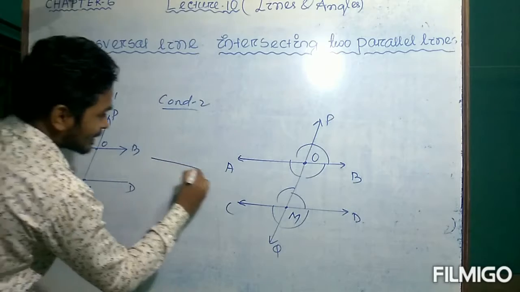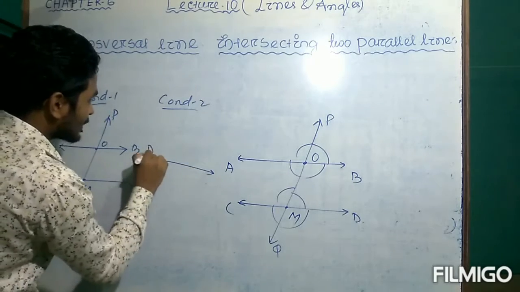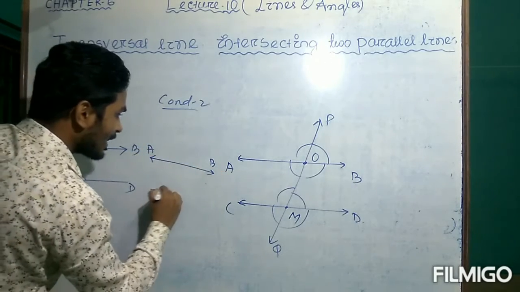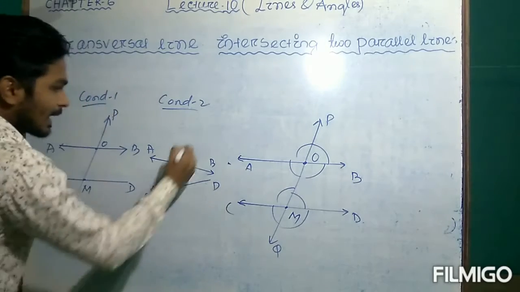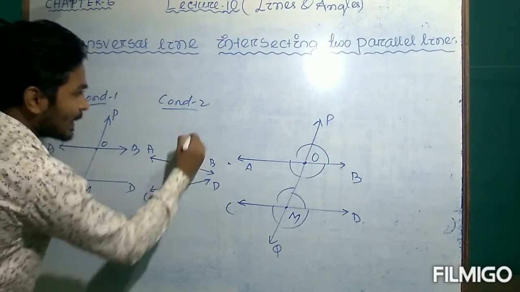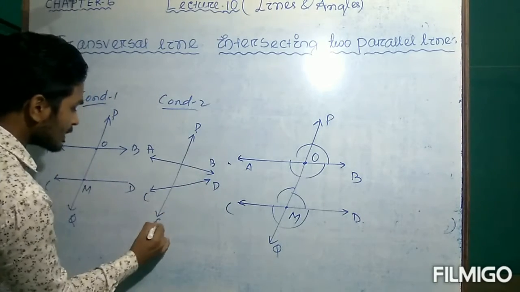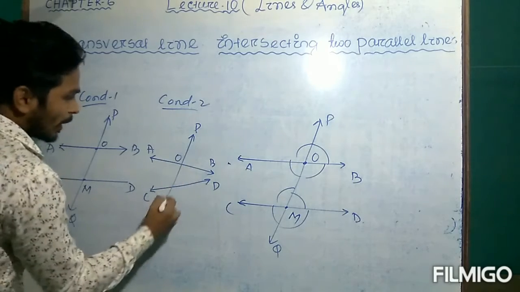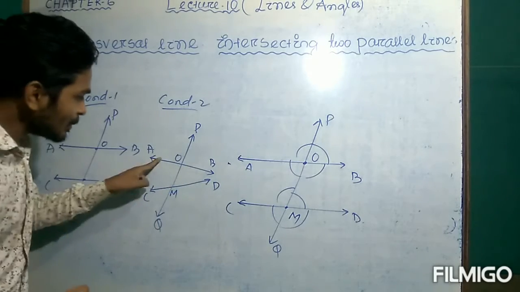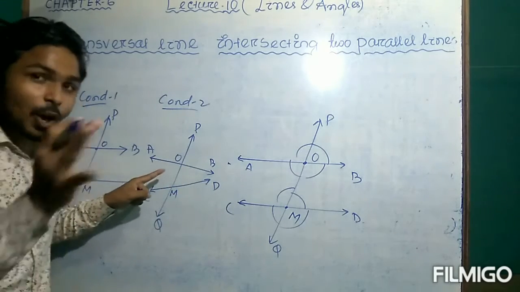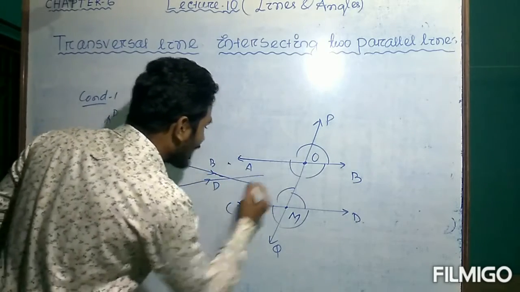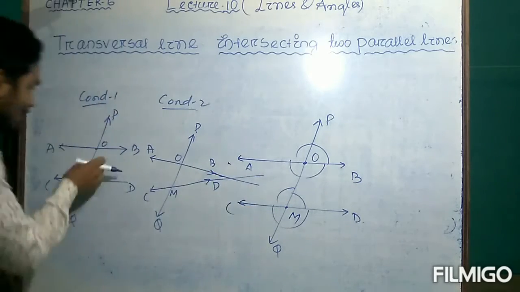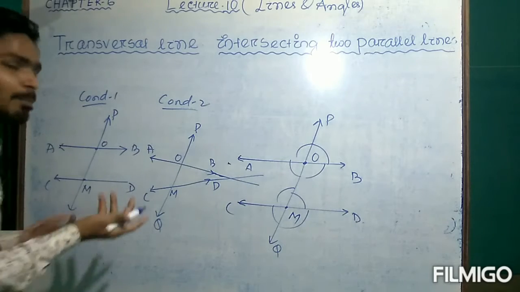Like this. Suppose this is AB, okay, and this is CD. Then another transversal line PQ intersects these two lines at two distinct points O and M. Then as you can see, these two lines are not parallel. They will meet each other at some point if we extend them. But here in this case, these two lines are parallel.